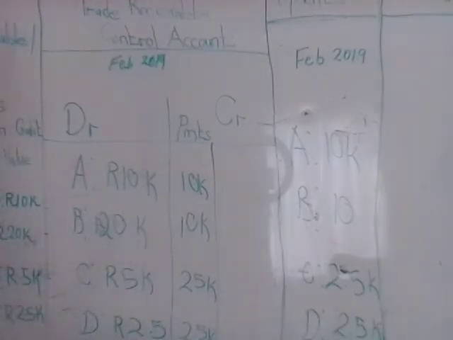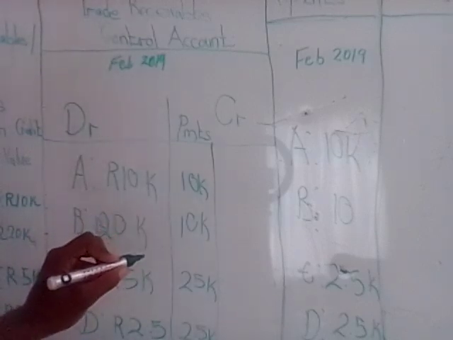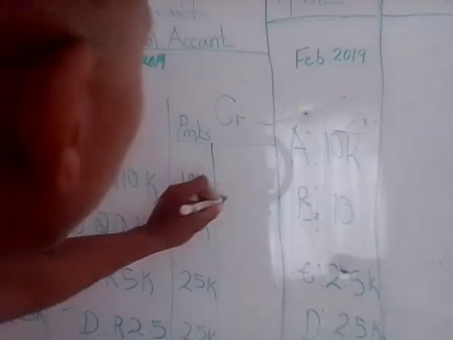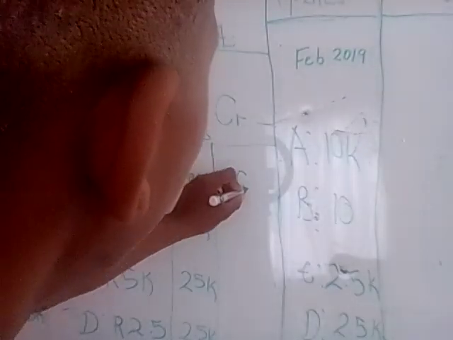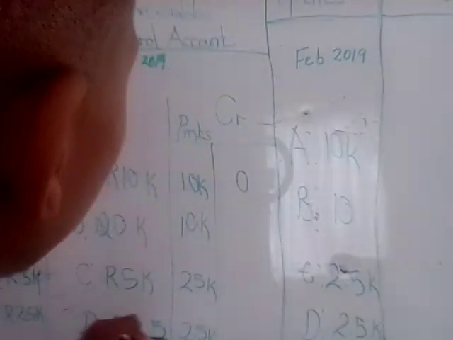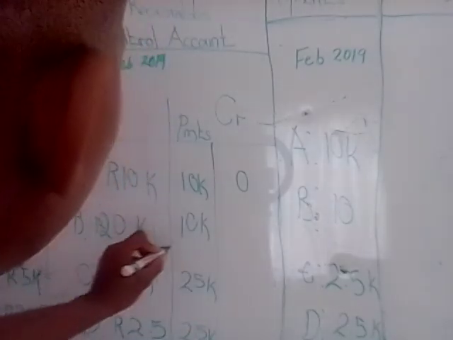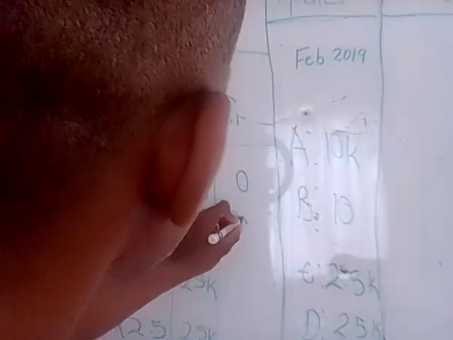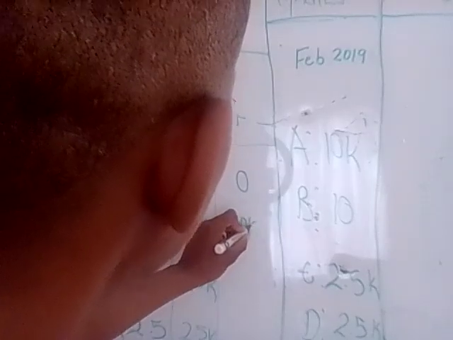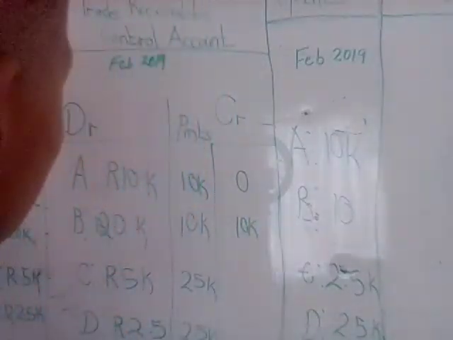So now we need to work out what is the actual balance of the trade debtors account at that stage. So let's go line by line in terms of all the trade debtors so far as payment made against what they initially owed. So A, it looks like he's paid his account in full because he paid 10,000 for 10,000. And as for B, it looks like he owes 10,000 rands because he paid 10,000 against 20,000 rand.